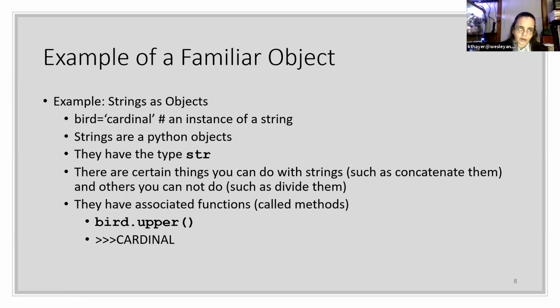One of them is upper. And so it will work. And upper we can recognize as being sort of like a function because it has these parentheses here. More specifically, when it's a function associated with a particular object, it's called a method. What exactly that means will become apparent as we look at some of the code to actually write one. And we'll actually work on having a regular function and then converting that function into a method today.